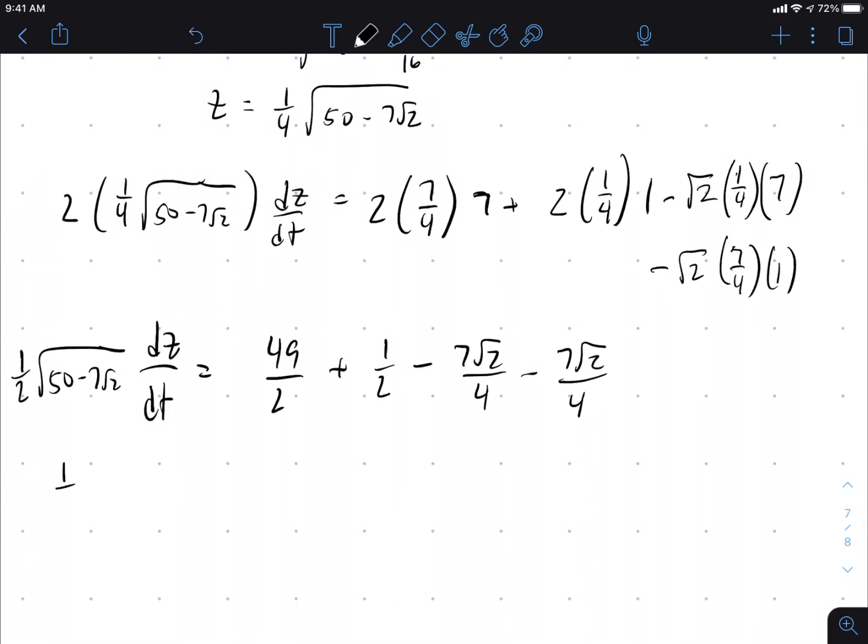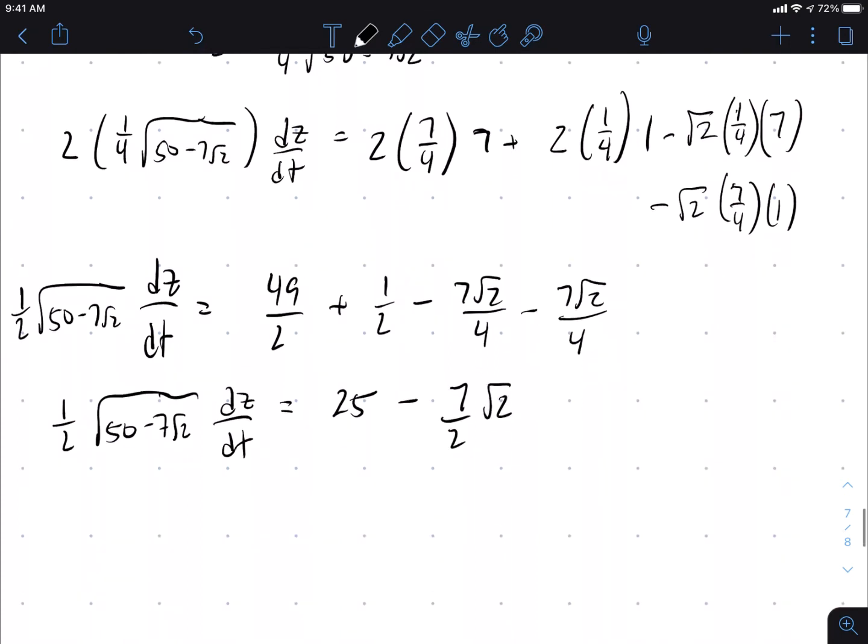Oh, this is cute. It's going to end up being something pretty. Well, relatively pretty. Doesn't that become 50? 50 divided by 2 is 25. Minus 14 over 4 is going to be 7 over 2 root 2. That's cool.